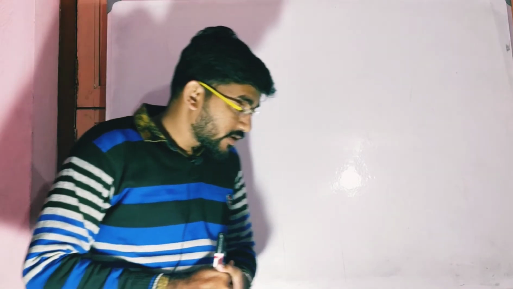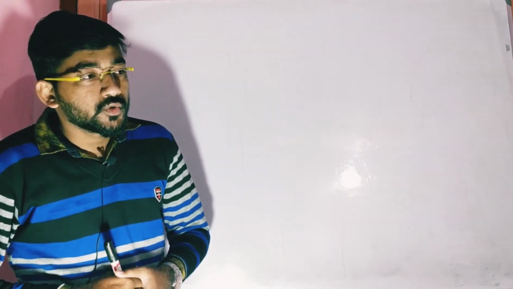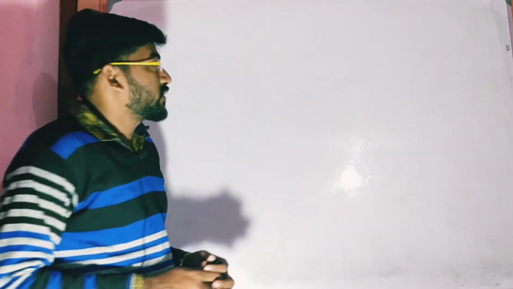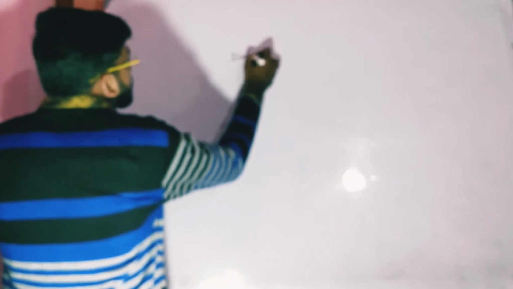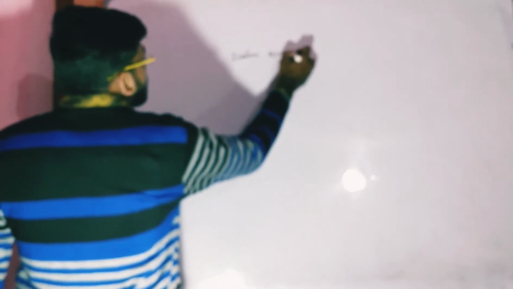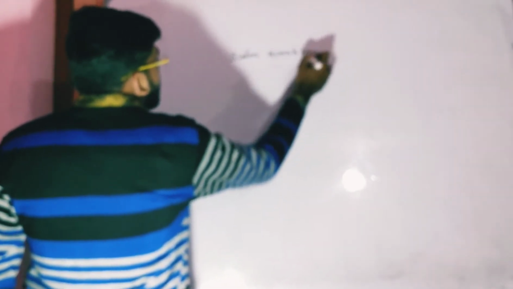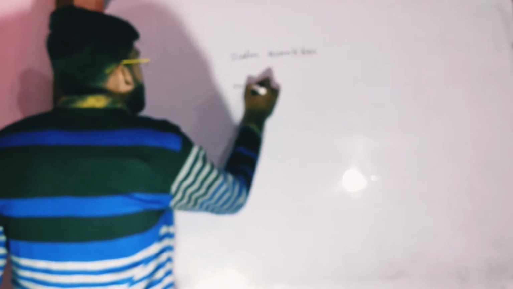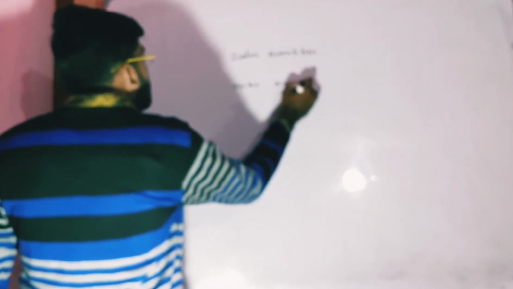From our childhood, we have studied physical quantities, and we always like to study physical quantities by categorizing them into two classes. One is scalar quantities and another one is vector quantities.